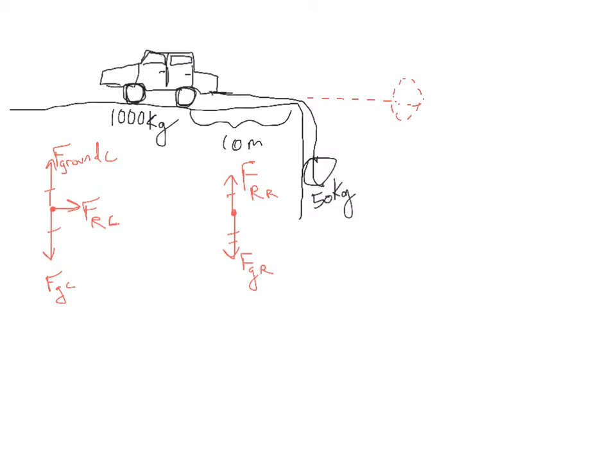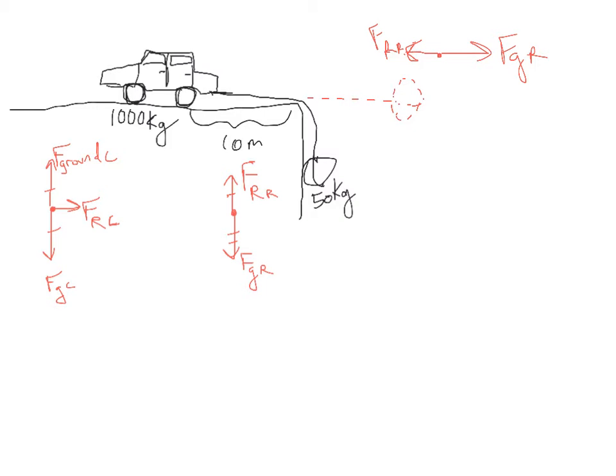So here's what I'm thinking. And again, we've done this before, but it's been a little different than it is now. So that means we have force of gravity right here on the rock. And then we have force of rope on the rock.